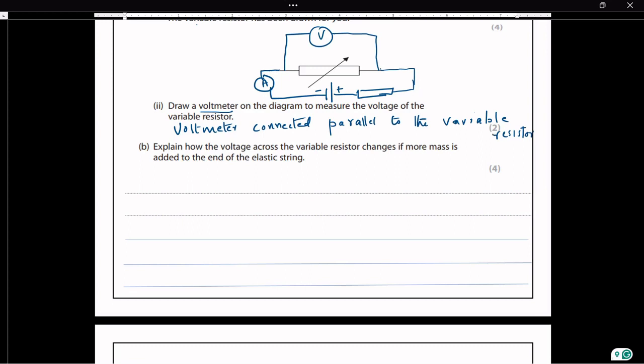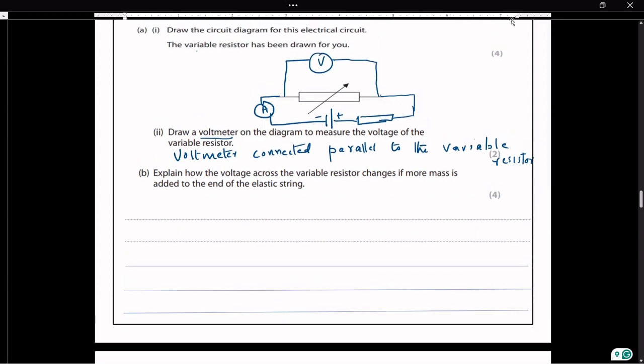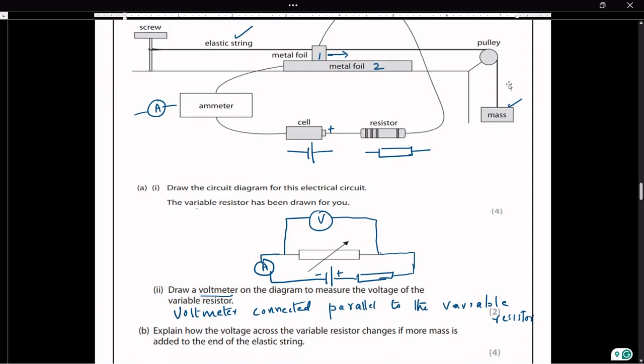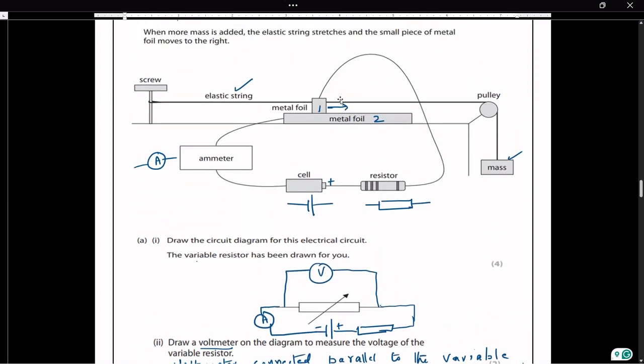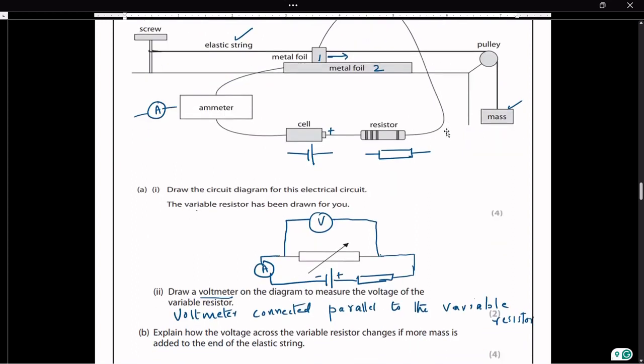Now the next part of the question is, explain how the voltage across the variable resistor changes if more mass is added to the elastic string. See, when more mass is added, the wire stretches and the resistance of the wire increases.